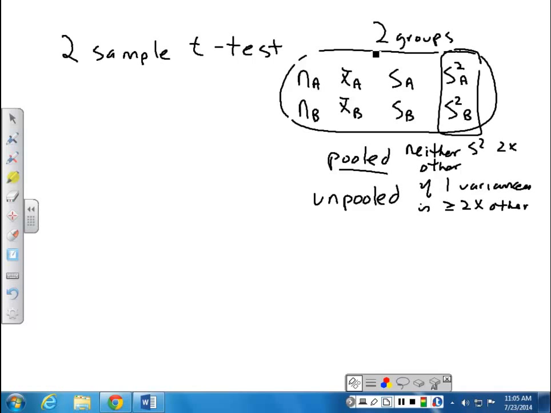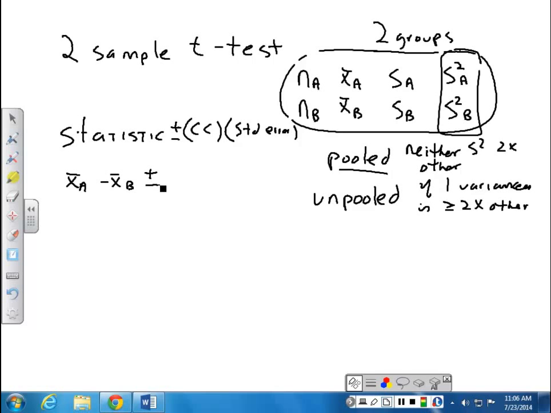Let's go back to when we do a confidence interval, any confidence interval: it's the statistic plus or minus a confidence coefficient times standard error. So the statistic will always be x bar A minus x bar B, just the difference between the two sample means.